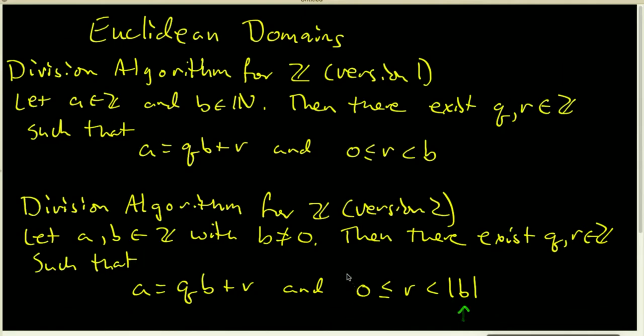Now, it's important to also understand that this constraint on r is just a formal way of saying that the remainder is going to be smaller than the divisor b.